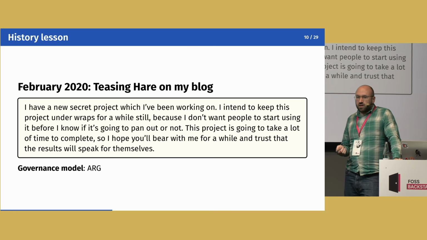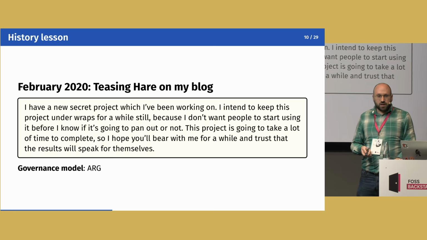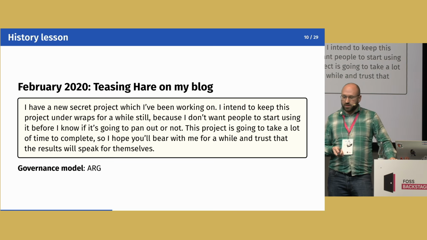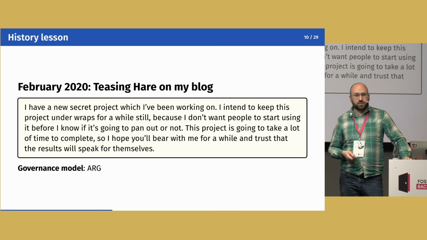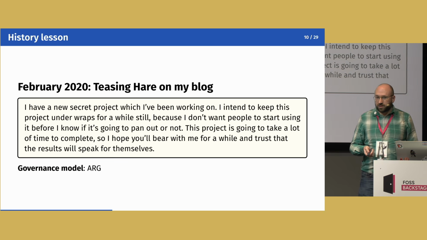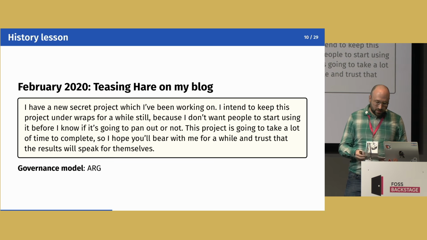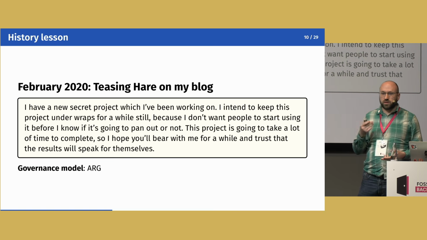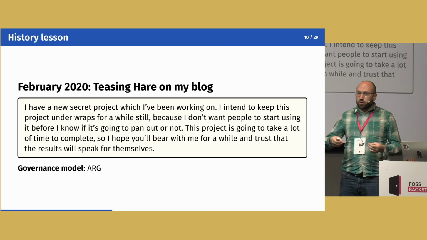At the time, I used to publish monthly status updates of what I was working on my blog, and I started to drop hints that I was working on something secret, and I started to elaborate it was kind of a programming language I was working on. And at this point, the governance model became something like an augmented reality game, because while I was working privately, none of the actual resources like the source code repository, the mailing list, the IRC channel were private.